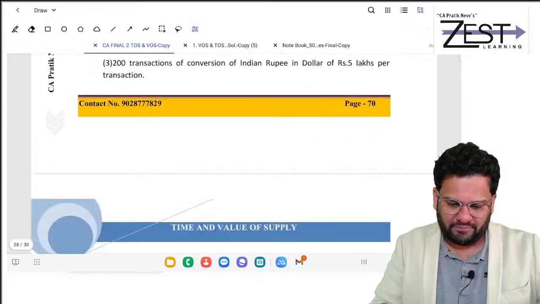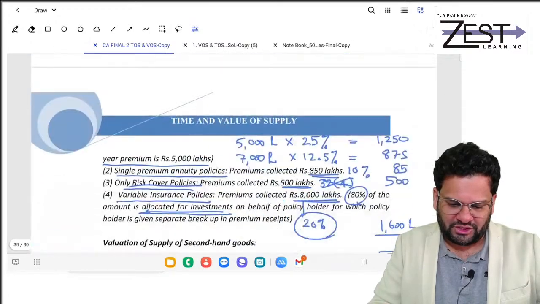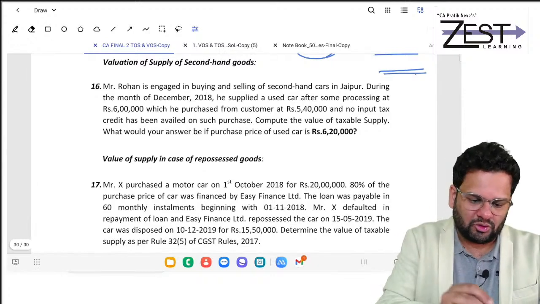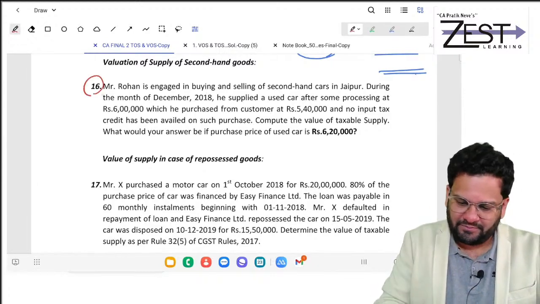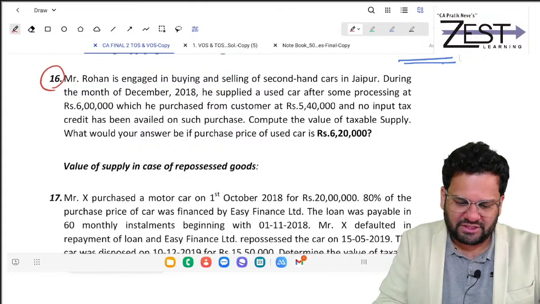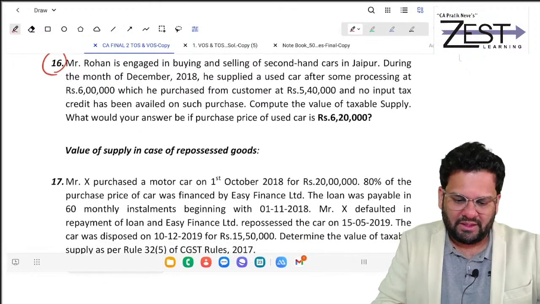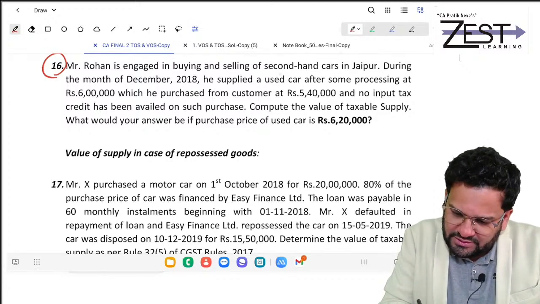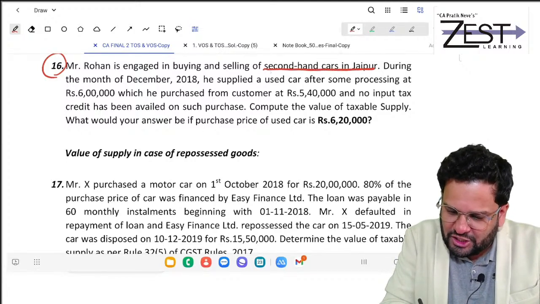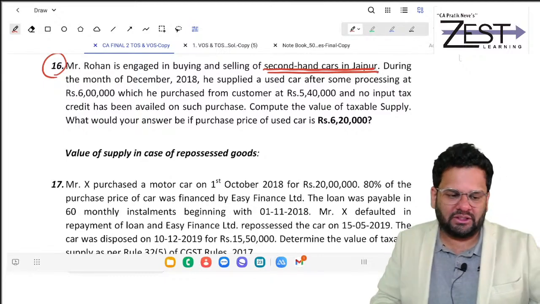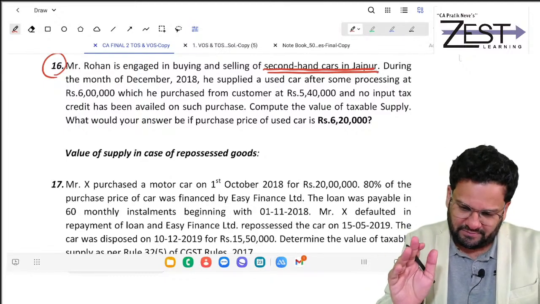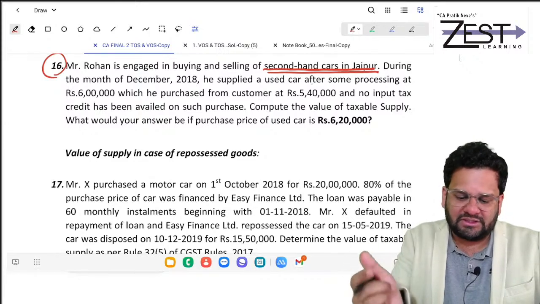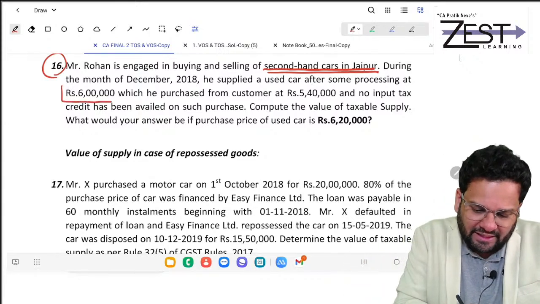Question number 16. Are you all there on question number 16? Mr. Rohan is engaged in buying and selling of second-hand cars in Jaipur. During the month of December 18, he supplied a used car after some processing at 6 lakh.